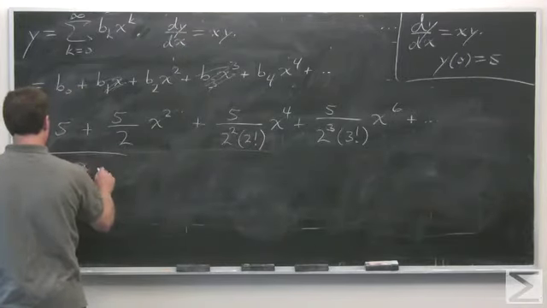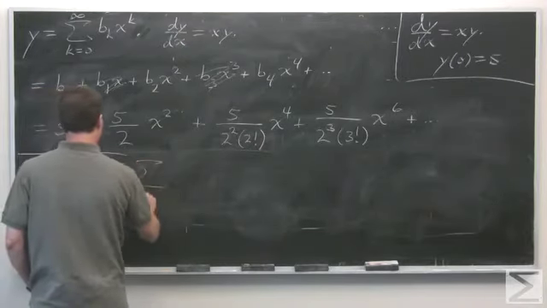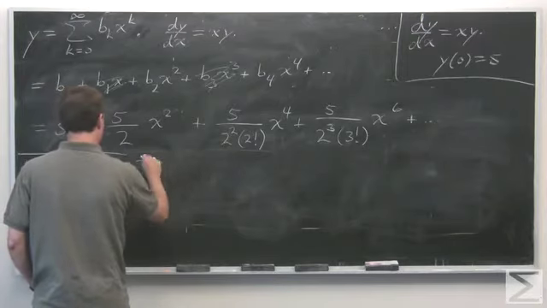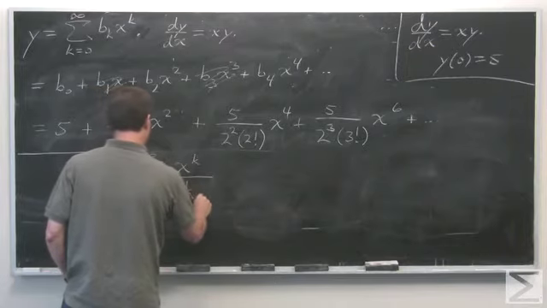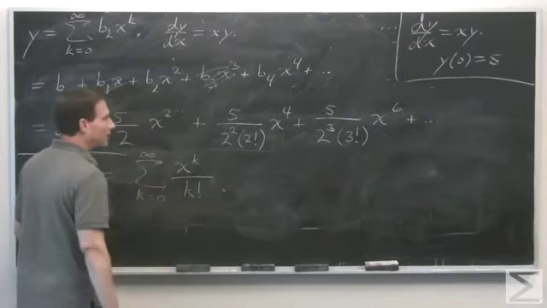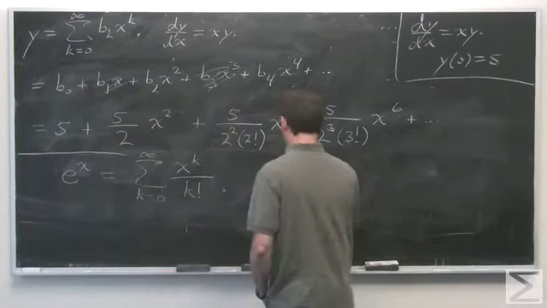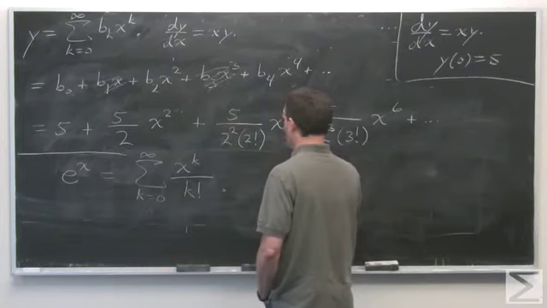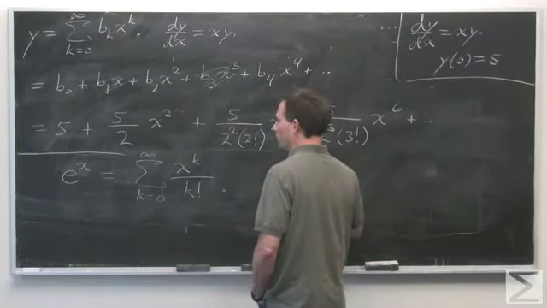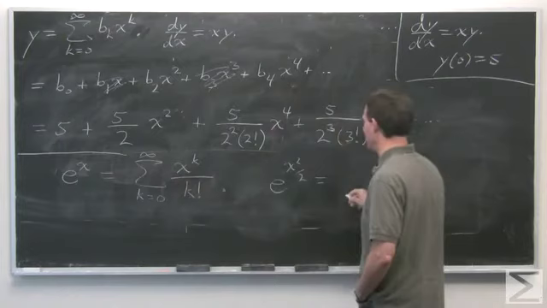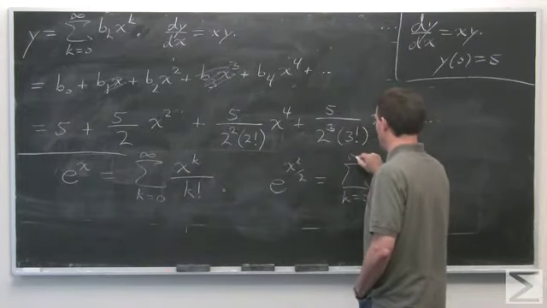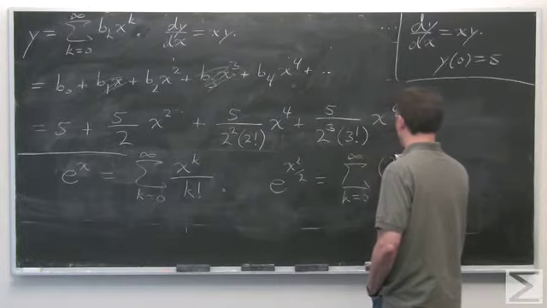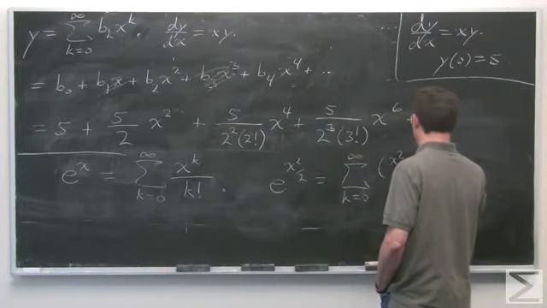But it is true that we know what this equals, and you can see it fairly easily. e to the x, we know that that's given by the series: the sum as k goes from 0 to infinity of x to the k over k factorial. So what is e to the x squared over 2? You replace the x there by x squared over 2. So you get the sum as k goes from 0 to infinity of x squared over 2 to the k over k factorial.